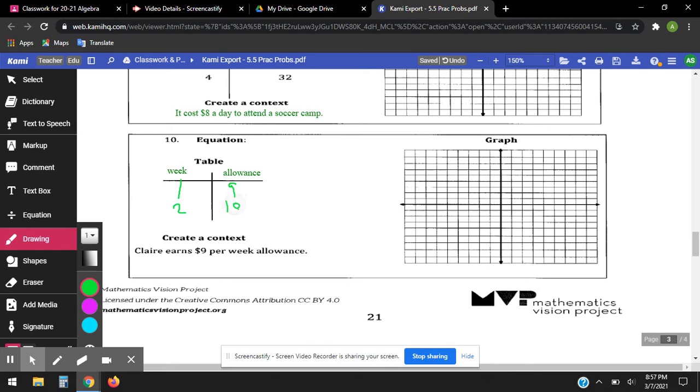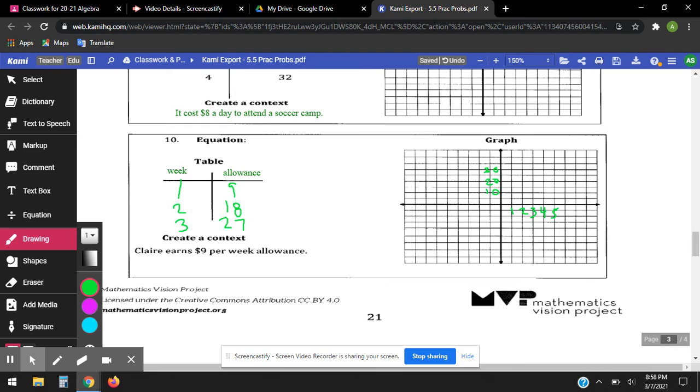Second week she gets 18. Third week she has 27. And so again, we can kind of do this 1, 2, 3, 4, 5. Let's just go 5, 10, 15, 20, 25, 30.